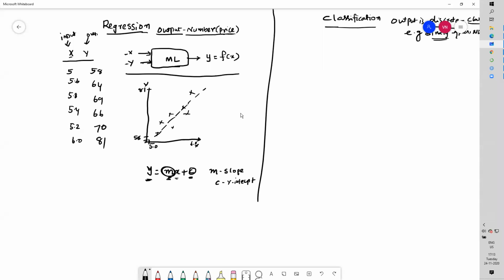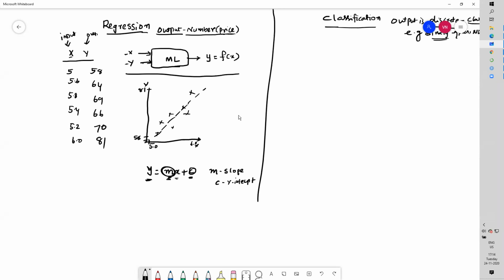That's the learning part. What we are trying to learn here in machine learning is to represent the relationship between input and output using a mathematical equation and find out the unknowns in that equation which define this relationship. That's precisely what we call machine learning.